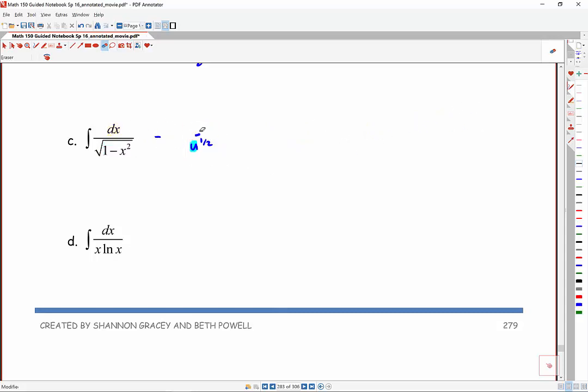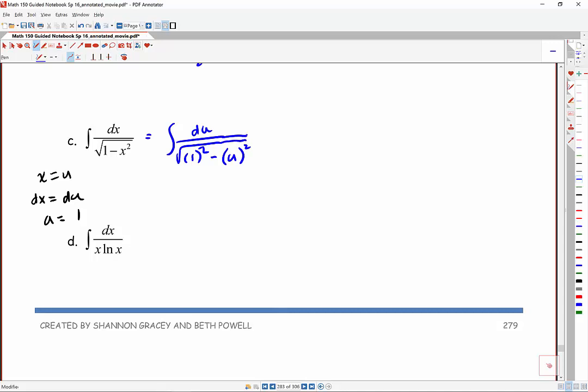And then we go through and we say, oh, that's exactly our formula. So here we would say, oh, again, x is u, dx therefore would be du, and a, again, is 1, isn't it? So we could rewrite this guy as the integral of du over the square root of 1 squared minus u squared.